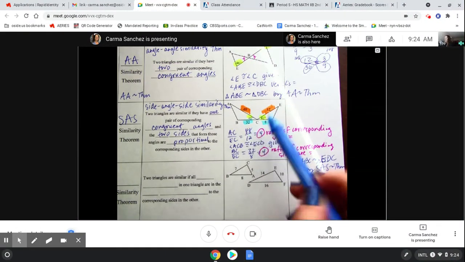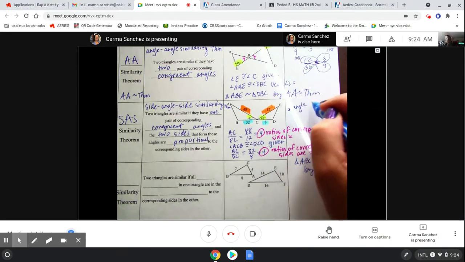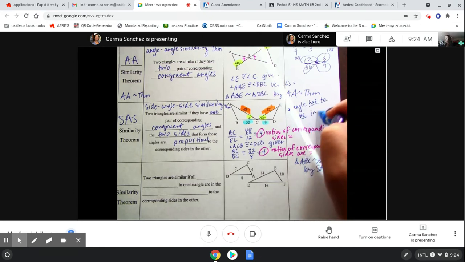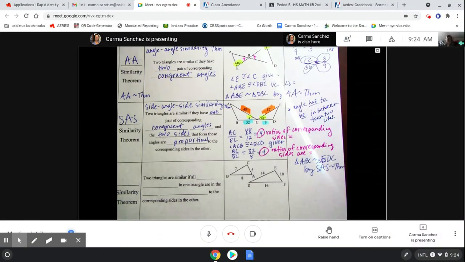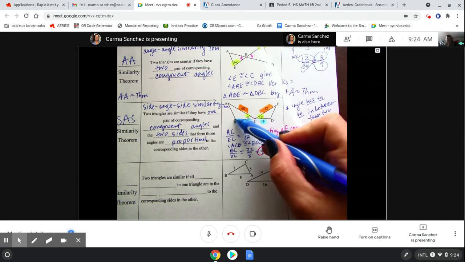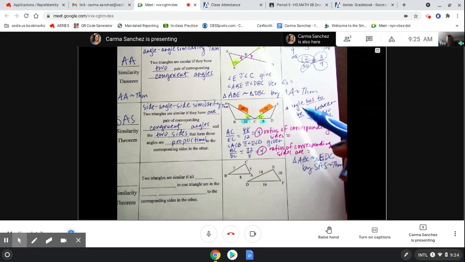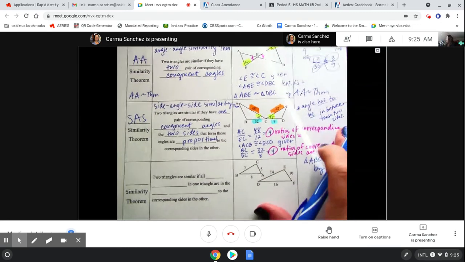Now notice, I'm going to put a little note up here. The angle has to be in between those two sides for this postulate to work. If on the quiz, the angle is out here and it is not in between the two sides, you're going to say cannot be determined. It's not enough information for similarity.